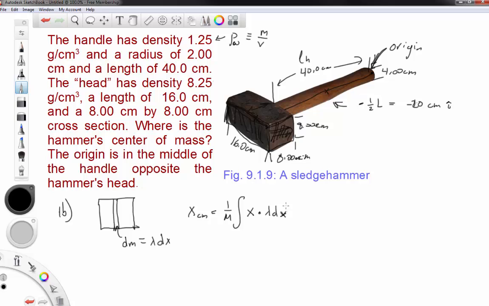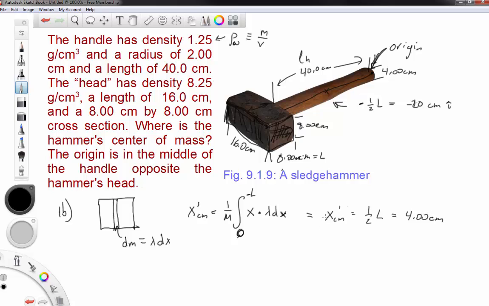So it turns out that there wasn't anything special about the cylinder as compared to a block. You still get the same position. I'm going to call this x center of mass prime, however. And the reason why I'm going to do that is because, again, I want to integrate from 0 to negative L for the block, where this right here would be the length. So again, you're going to end up with x center of mass prime is equal to 1/2 times the length, which is going to be 4.00 centimeters.